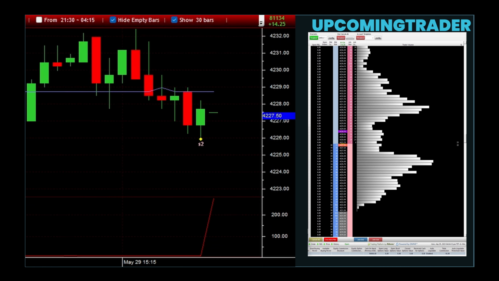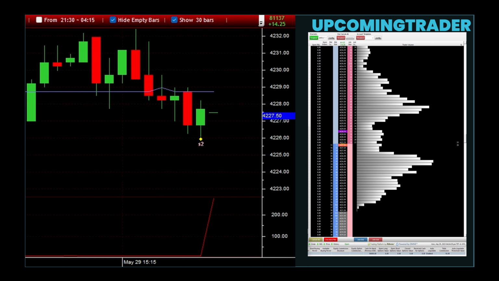Another common pattern is the double distribution profile, where two distinct areas of balance form within the same session, separated by a sharp move. This can signal that the market initially found value at one level, then quickly re-evaluated and established a new area of value at a different price range.